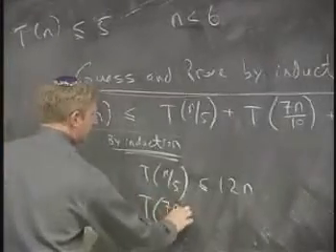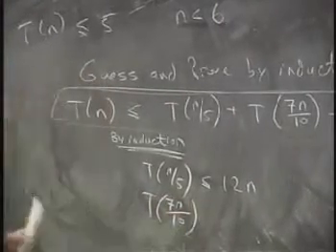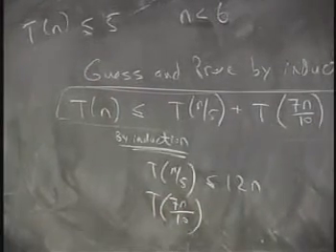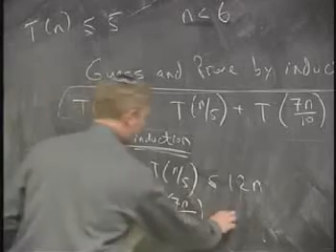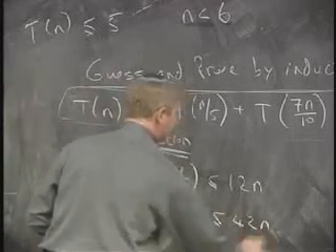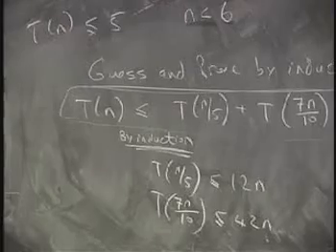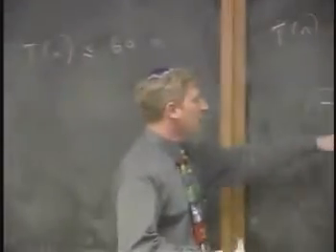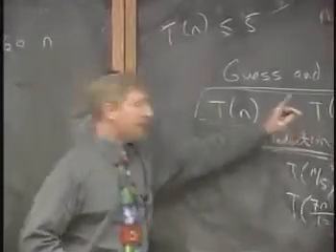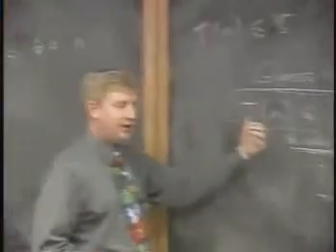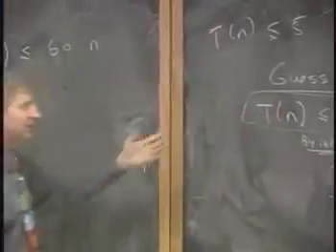By the same inductive assumption, T(7n/10) is less than or equal to 42n. Those two things I get for free by my inductive assumption. And now I'm going to use the one thing I know for how to combine things and relate them to T(n) to see if I get a conclusion.